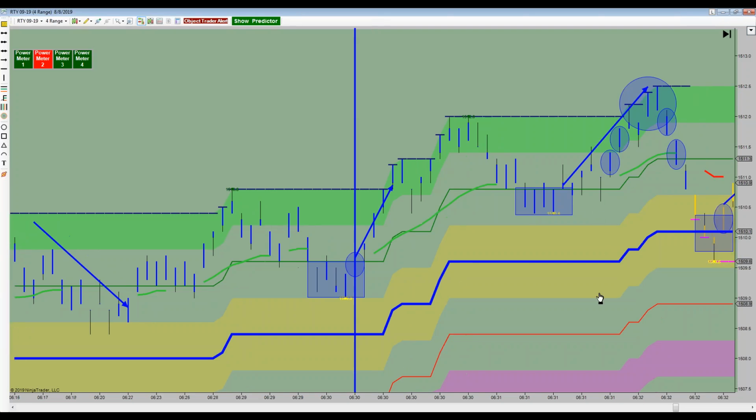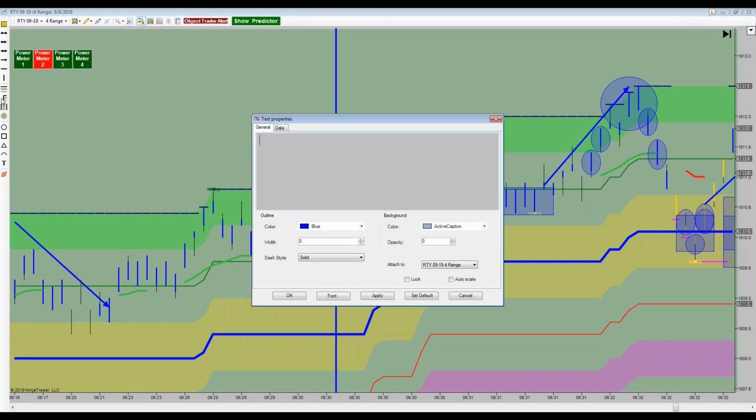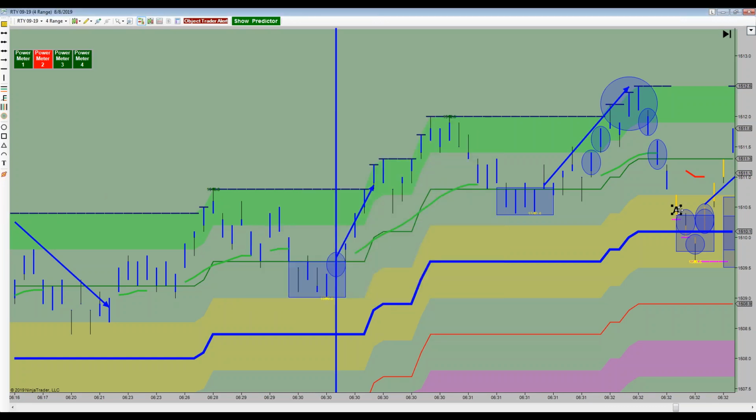Now, tell me here where the bars stop going down. This is a question. I'm going to do it like this: A, B, or C. Bar A, right?